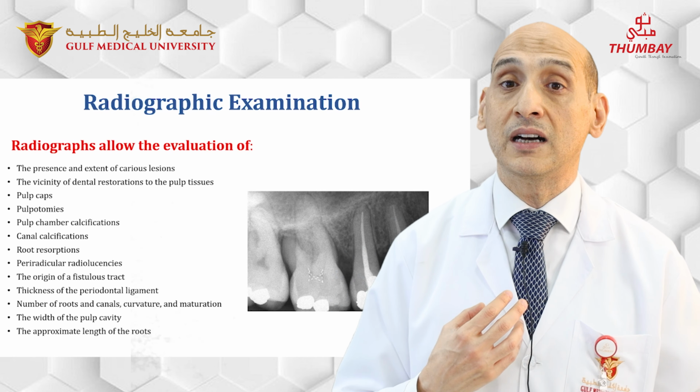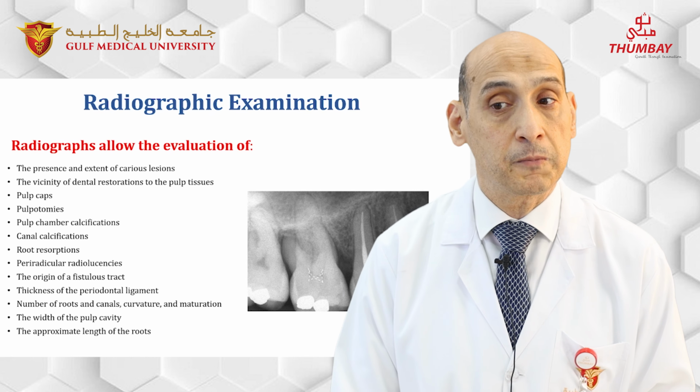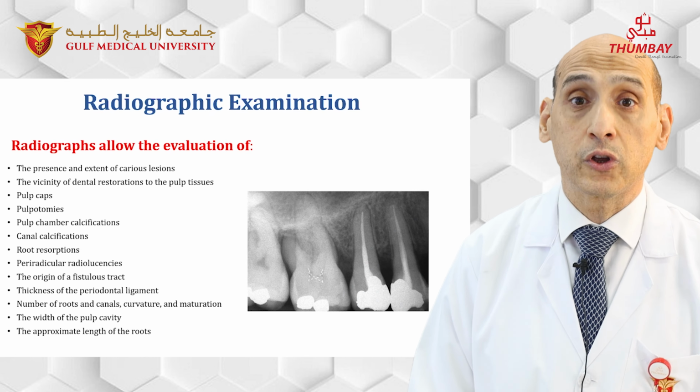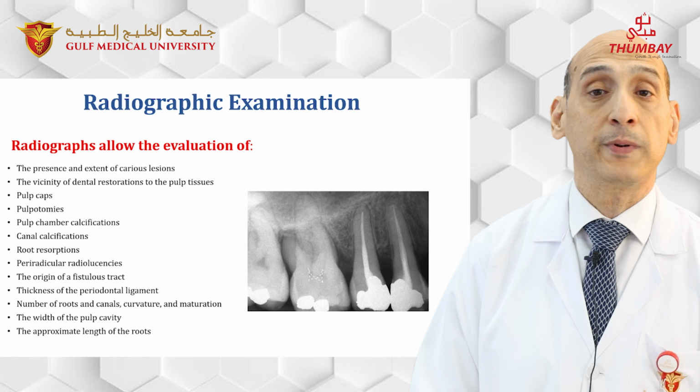If there's any sinus tract, I can place a gutta-percha and see where it is heading to, determining the tooth that is causing this problem. It will give me an idea about the periodontal ligaments and if there's any widening in the periodontal membrane space or not. It will give me an idea about the root presence of curvature, or the length of the root.